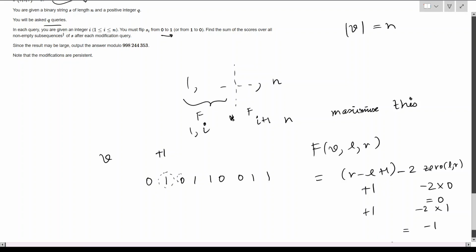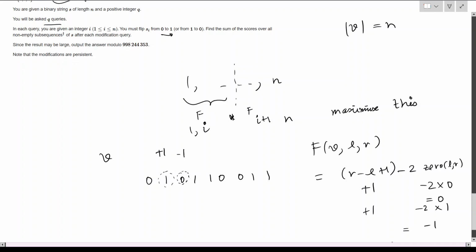So all we're really doing is assigning a value of +1 to all the ones and a value of -1 to all the zeros and adding up these +1s and -1s over our target interval LR. That is perhaps the best way to interpret FVLR.